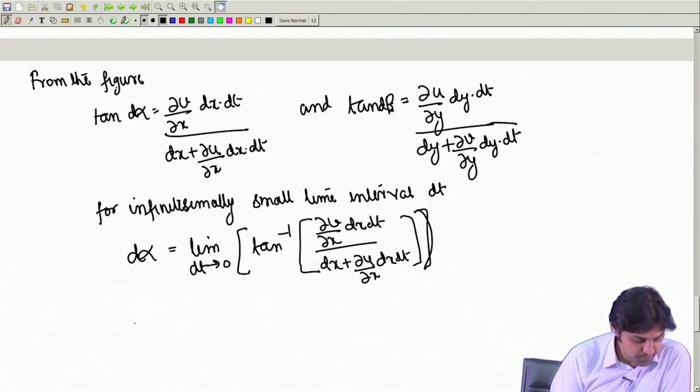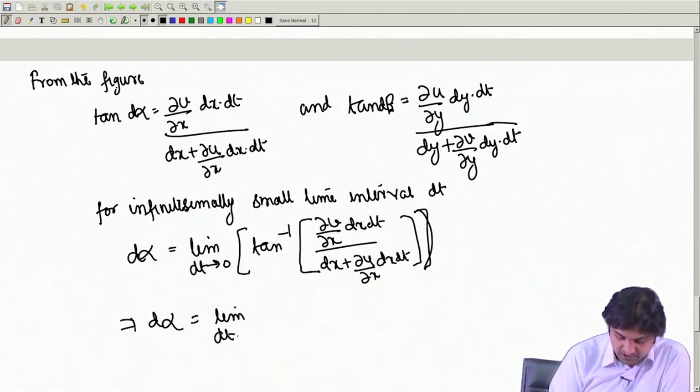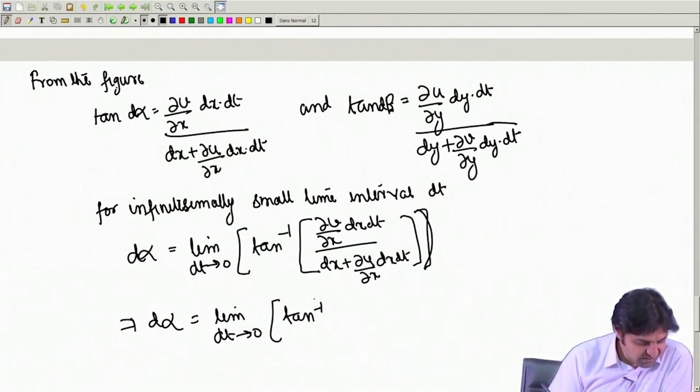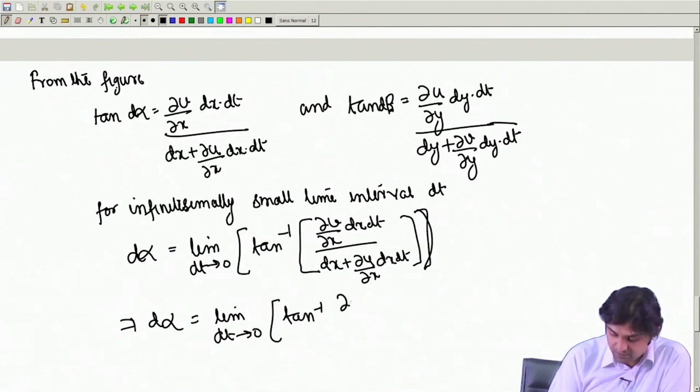All right. This implies d alpha is the limit as dt goes to 0 of tan inverse, so we divide by dx, so this will be del v by del x into dt divided by 1 plus del u by del x dt.